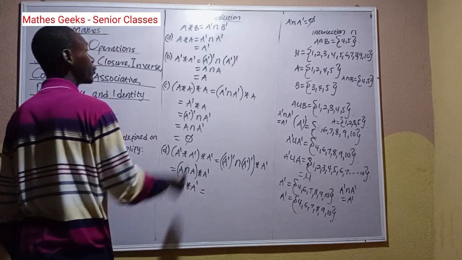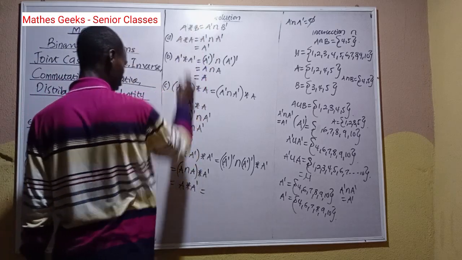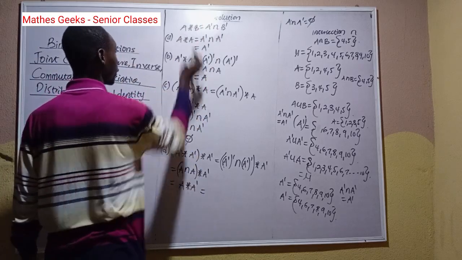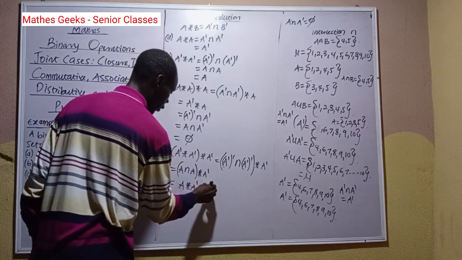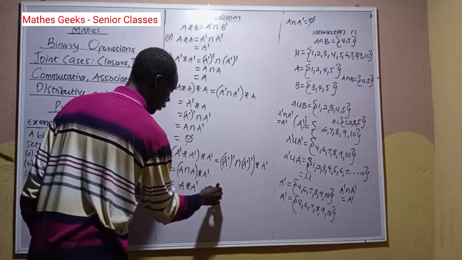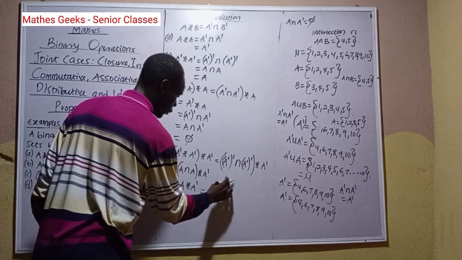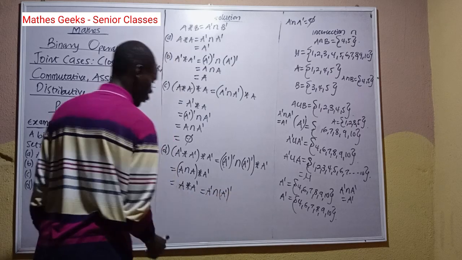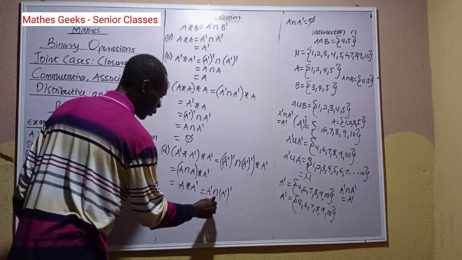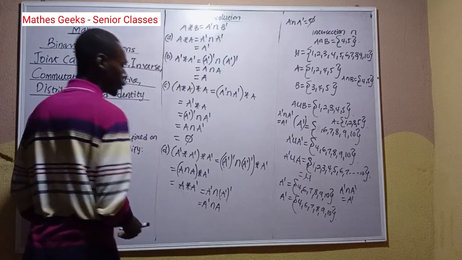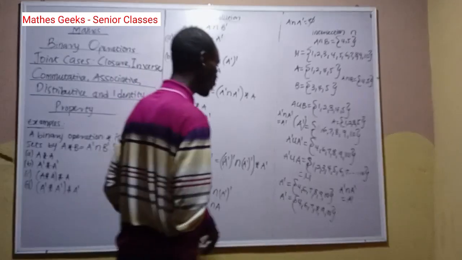From our general way of combination, A star A complement gives us A complement intersection A. So it's A complement intersection A.